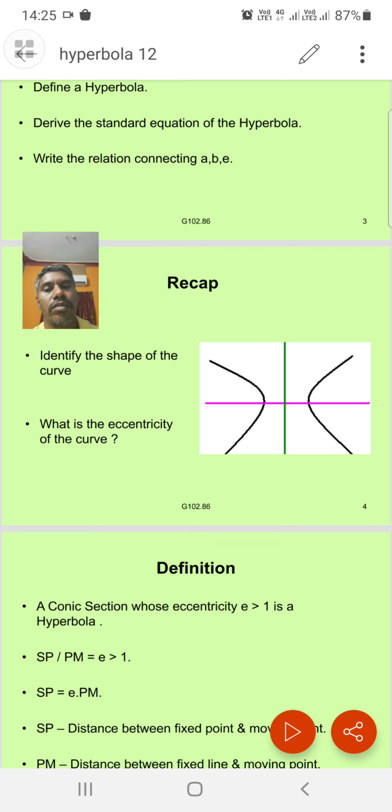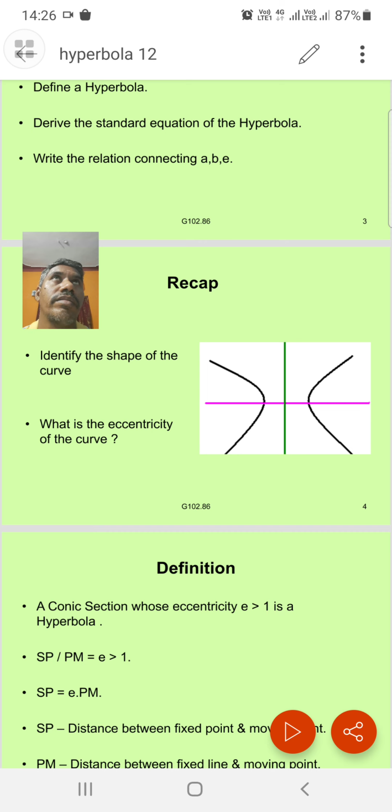So you have to practice it, write it 10 times, then it is saved in your mind. And the remaining questions can be solved by comparing the given equation with the standard equations.